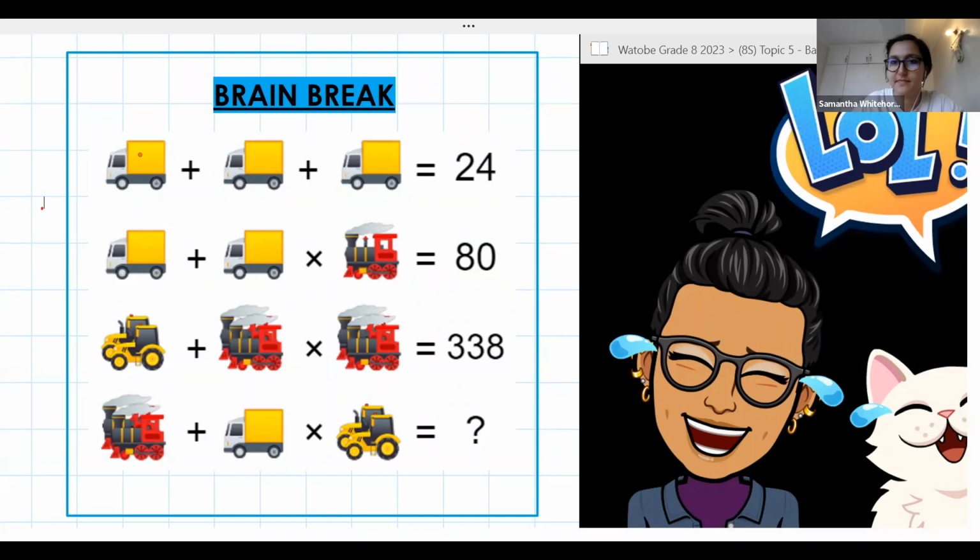24 divided by 3 equals 8. So each track was 8. Eight plus 9 equals 72. And if you plus the 8, it equals 18. Good. Each truck, one truck was 9, so there was 2 trucks, so that means each truck was 18.